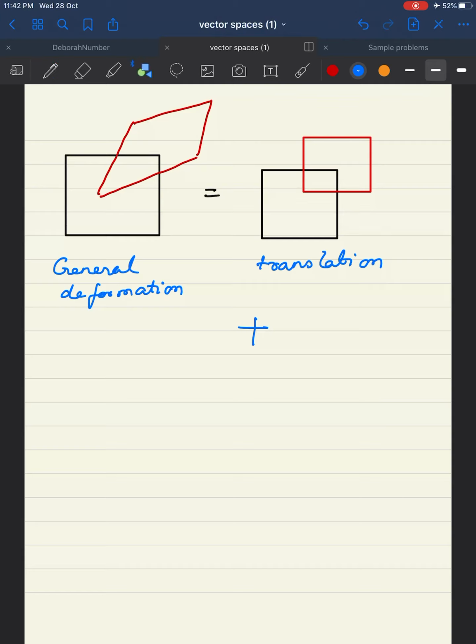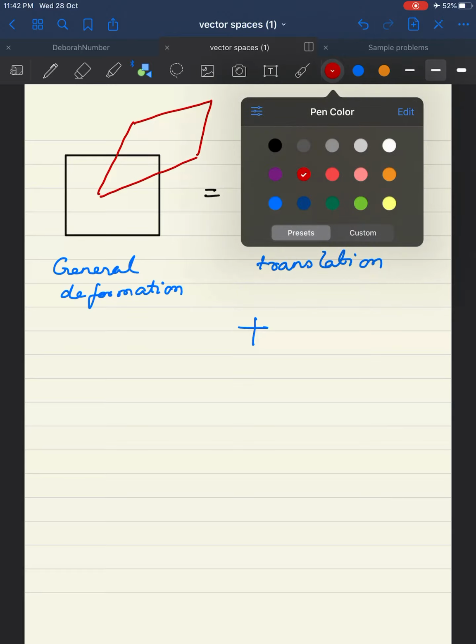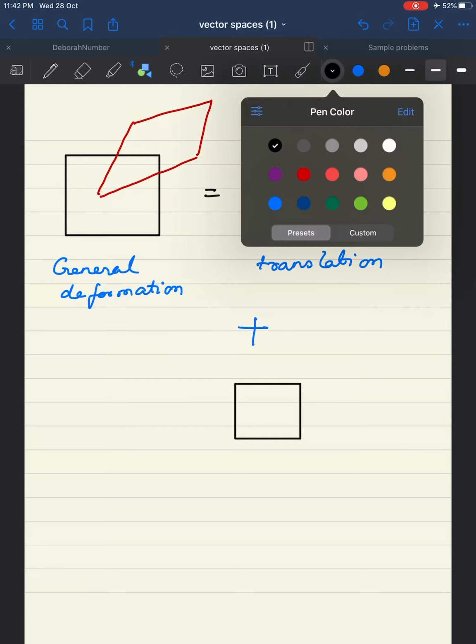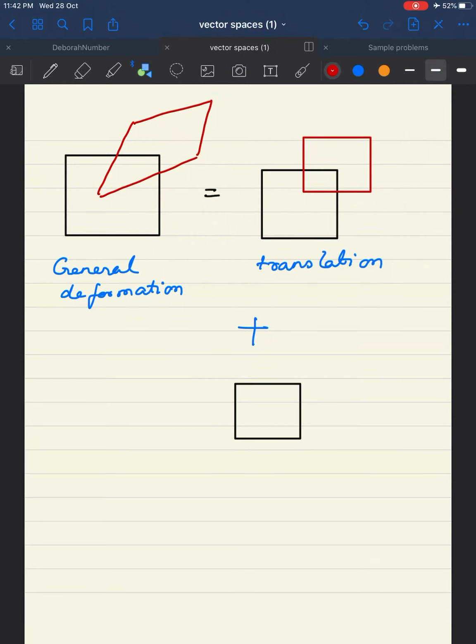Dilation is, the meaning of that is exactly what it sounds like, that you had an initial square, let's say, and then it has either grown or shrunk. So it has just scaled. So the dilation is basically a scaling in size. Okay, so this is dilation.